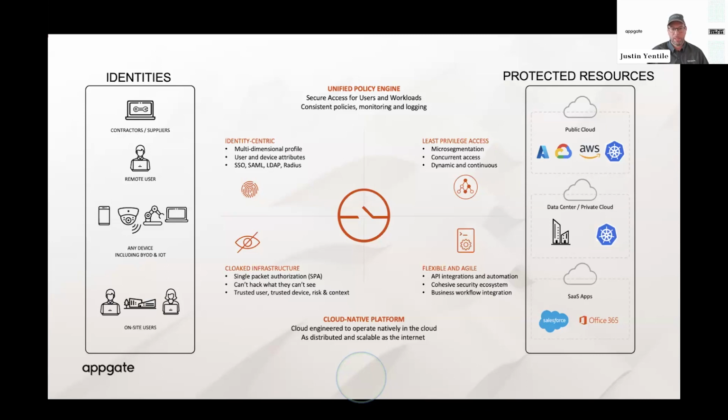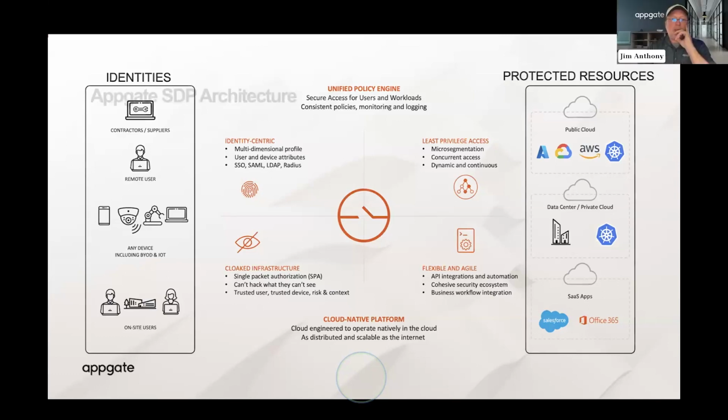And Appgate SDP was designed to help you replace even things like NAC solutions, and even to mitigate the need for things like MPLS and some other legacy technologies as well. That's what universal ZTNA really represents: the ability to use that solution anywhere to protect anything. Okay, all right.